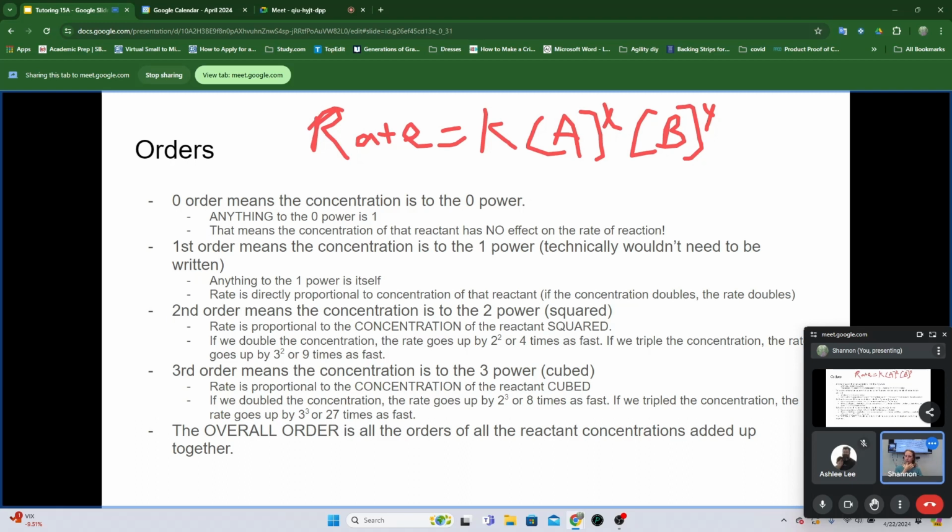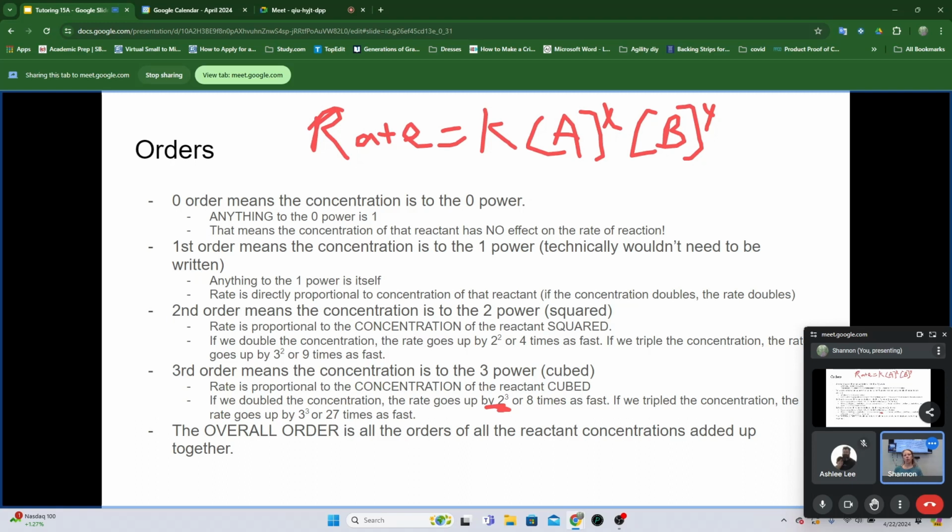Okay, and so what I'm doing to the change in concentration is putting this 2 here. So 2 is the change in concentration, and then to the 3 power. So it'll be 8 times as fast. Okay, if we tripled it, it would be 3 to the 3 power, or 27 times as fast.